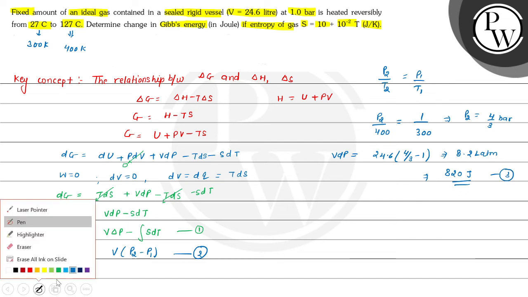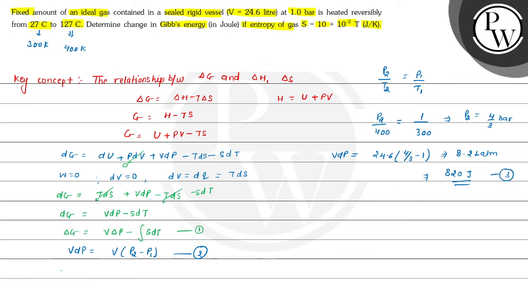Now we can integrate the value of S dT. Here S is equal to 10 plus 10 raised to power minus 2 T, times dT. Now the integration is with limits T1 to T2. The value comes out to be 10 multiplied by T2 minus T1, plus 0.005 times T2 square minus T1 square.